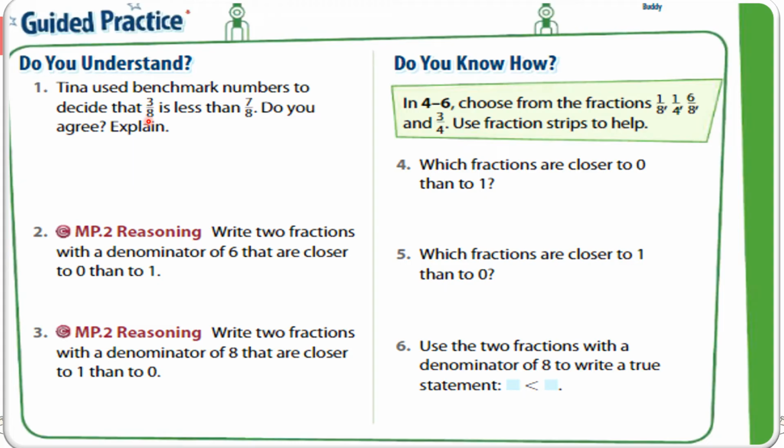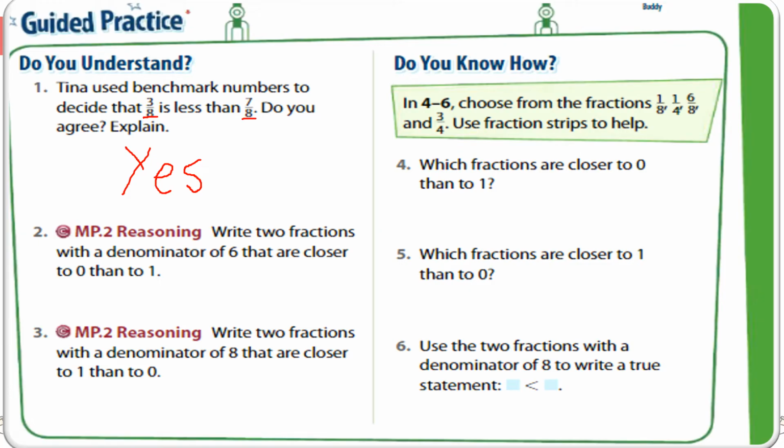Just keep one thing in mind, a small clue: when the denominators are the same, we compare by looking at the numerator, and a smaller numerator represents a smaller fraction. So yes, according to that, 3/8 is less than 7/8, and we agree.